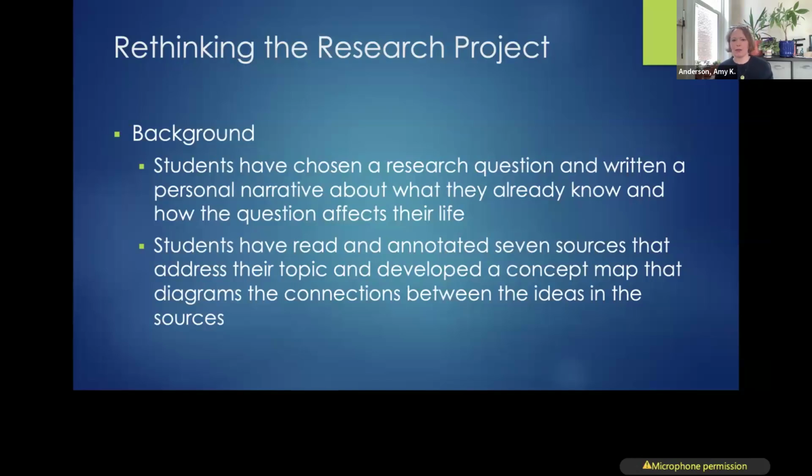They have found, read, and annotated 7 sources that address their topic. They've also developed a concept map that diagrams the connections between the ideas in the sources. So this is what they're coming into the assignment with, and these are the things that I highlighted and foregrounded.